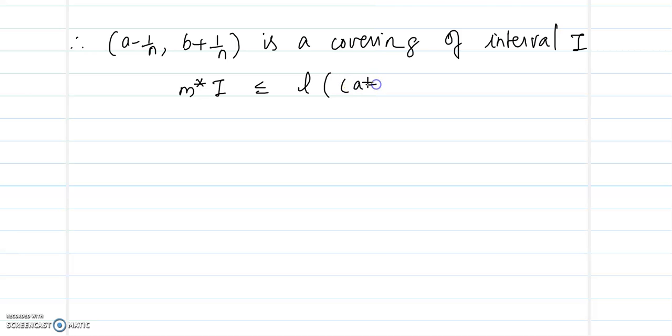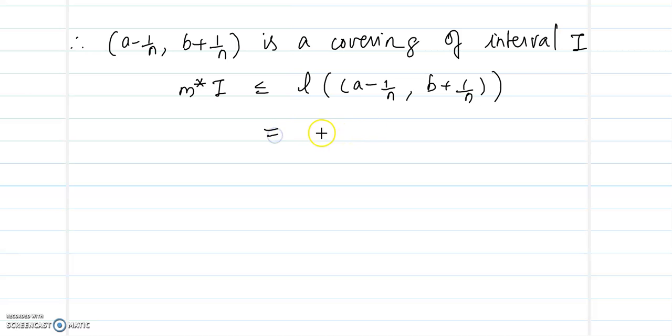Since the closed interval I is contained in this interval, if A is a subset of B, the measure of A will be less than or equal to the measure of B. So this will be less than or equal to the length of (a minus 1 by n, b plus 1 by n).